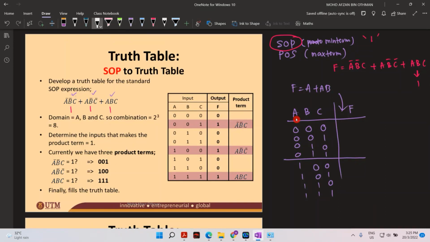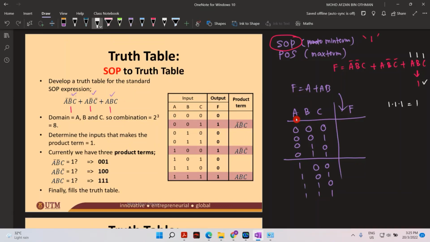Of course lah, kita ada 3 input, so 3 input kena dapatkan 1, 1, 1. So dia akan hasilkan 1. Bila kamu letak 1, 1, 1, dapat 1. So the combination of input kat sini adalah 1, 1, 1.